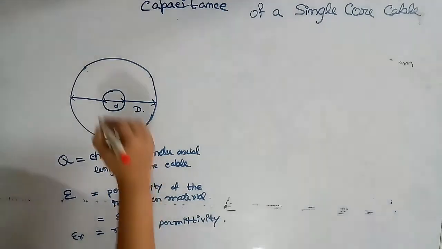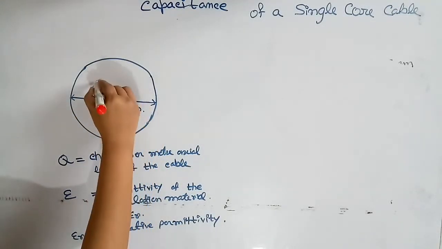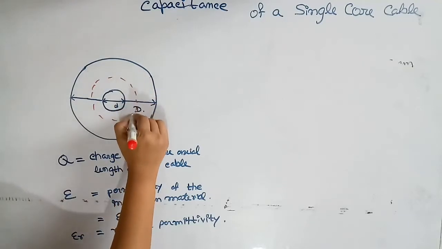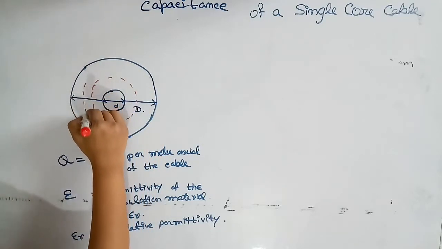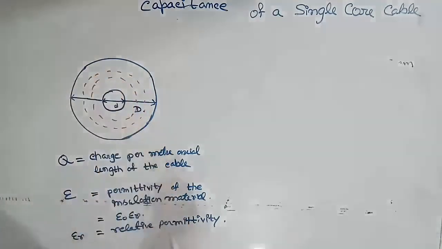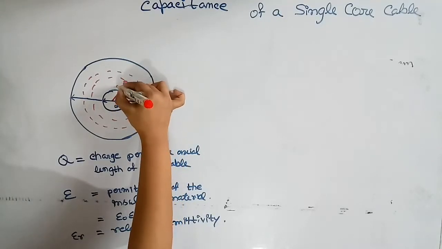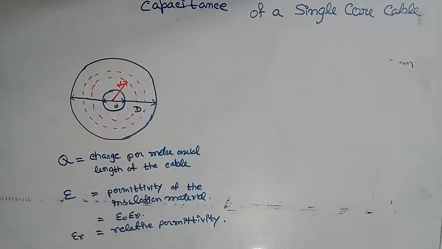Now consider a cylinder of radius x meter. The distance of this cylinder is x meters from the center of the conductor, and axial length is 1 meter.